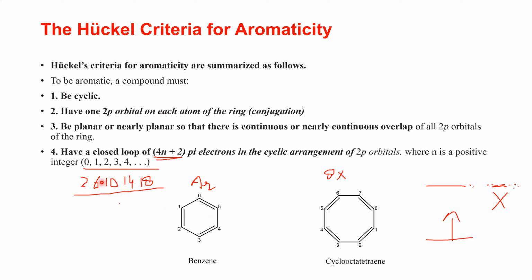So you can see if we put 1 in this value, there's 4 multiplied by 1 plus 2, so the overall value will be 6. So it means this is fulfilling the 4n plus 2 pi electron rule, and that is the Huckel criteria. So it is justifying all of these 4 conditions, and this is the aromatic one.